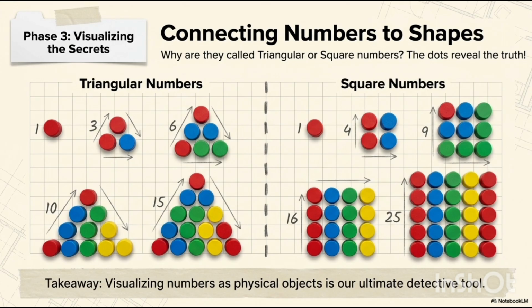So what is the rule here? They can be like triangles, but what is the actual rule here? First number is 1. Now to 1 we add 2, then we get 3. After that, to the 3 we add 3, then we get 6. Then to 6 we add 4 and we get 10.